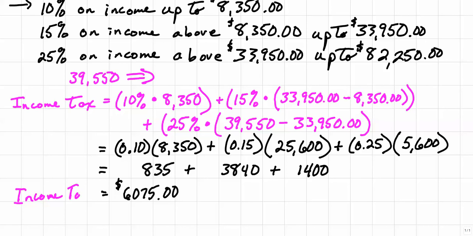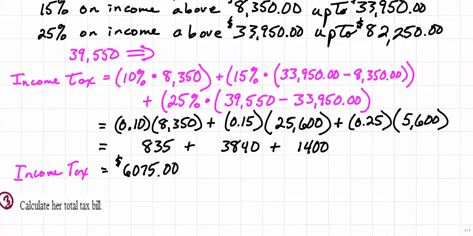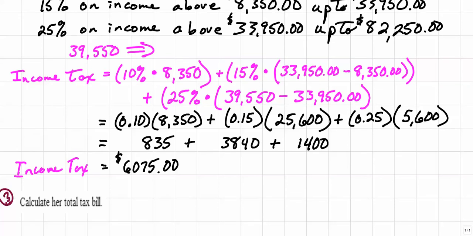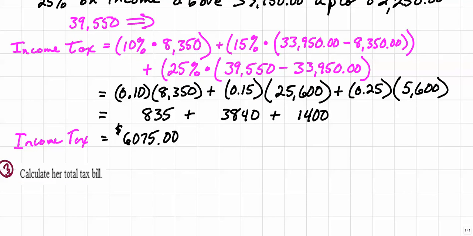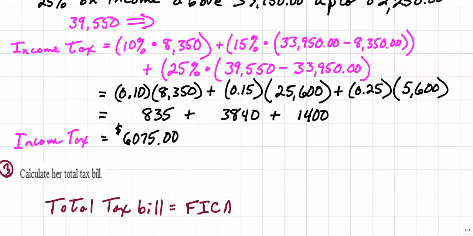And then finally, we want to go ahead and find out what the total tax is. And in order to calculate the total tax bill, we're going to add the FICA tax and the income tax together. So we need to go ahead and write that out. So total tax bill will be equal to the FICA tax plus the income tax.